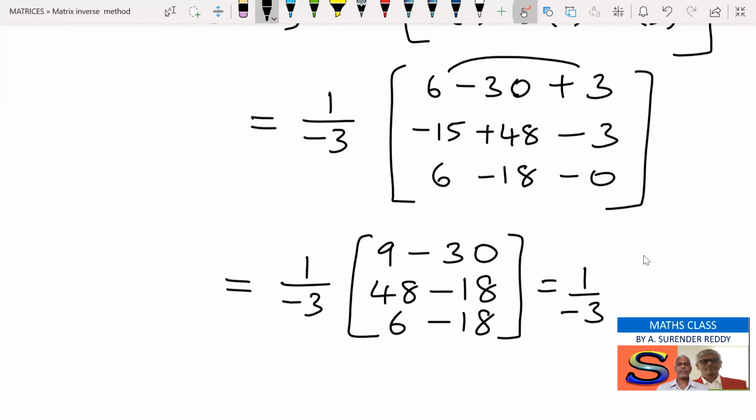So 1 by minus 3, 30 minus 9 is 21, so minus 21. 48 minus 18 is 30. And 18 minus 6 is 12, that is minus 12.